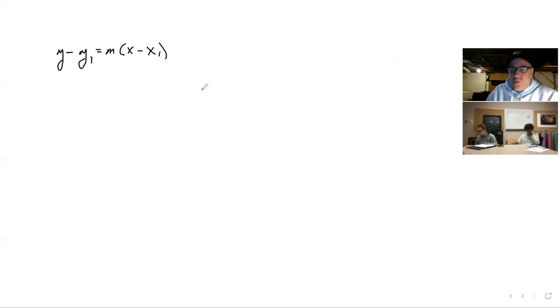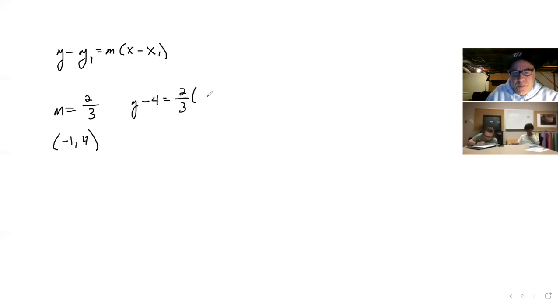The way it would work, if you knew you had a line with a slope of 2/3 and containing the point (-1, 4), and it said determine an equation of a line with this slope passing through that point, you put the y coordinate there, you put the slope in for m, and then x minus whatever that x coordinate was, which in this case is -1. And right at that moment, you have an equation of the line.